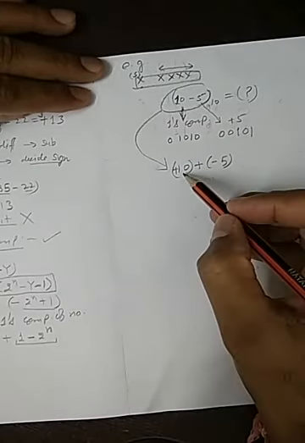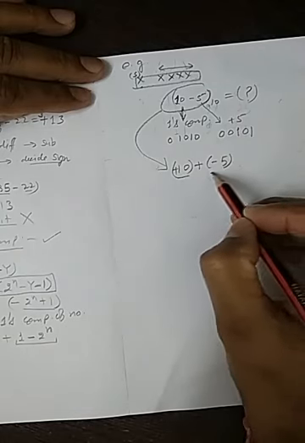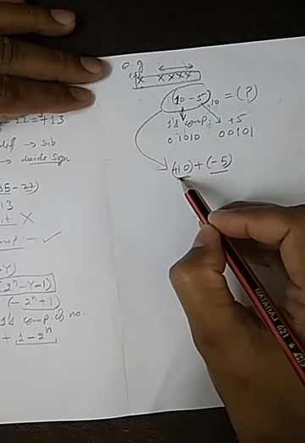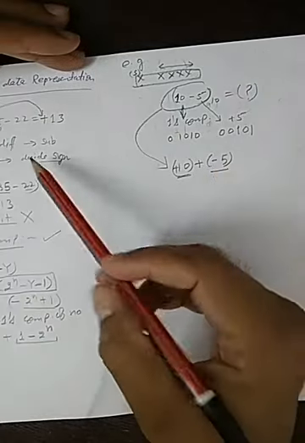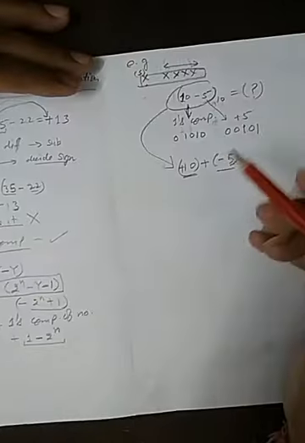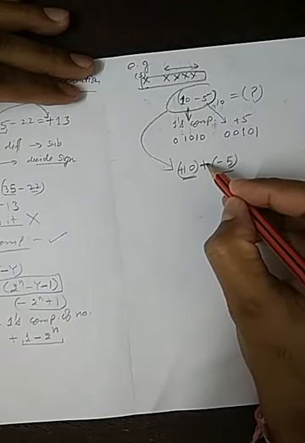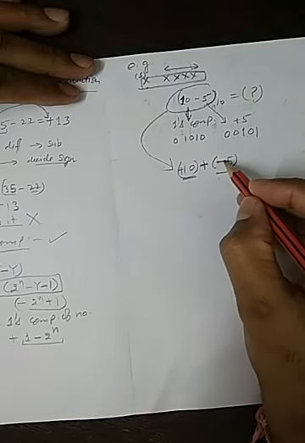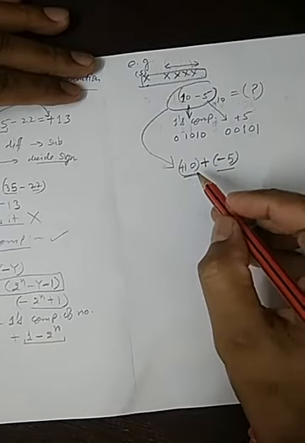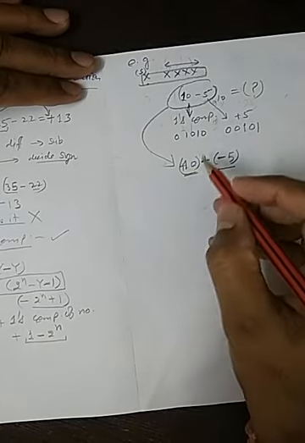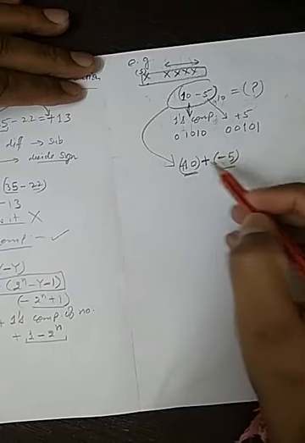So what does it mean? It means that I am adding two numbers. One is plus 10, another is minus 5. This liberty was not there in the case of sign magnitude. So all the operations, either addition or subtraction, are implemented through the addition process only. Plus 10 is represented in 1's complement.